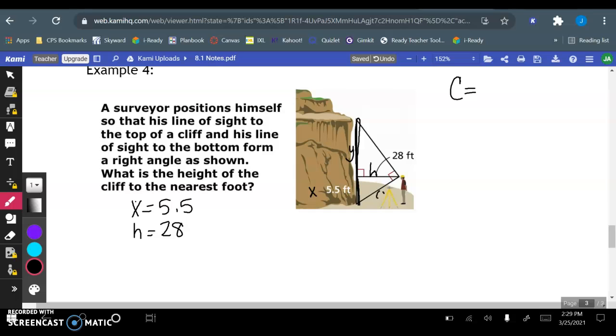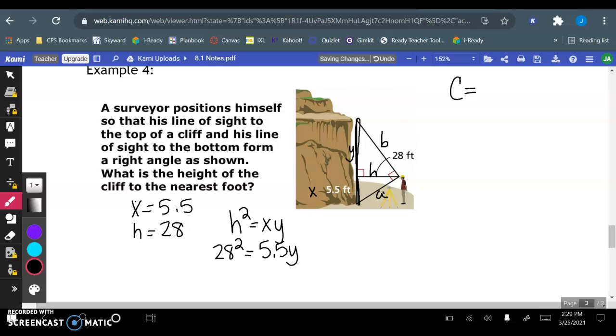Our short leg is A, and our longer leg is B. So we need to figure out what x plus y is. So before we can do anything, we have to figure out what y is, since we already know what x is. And we know h and x. So back in that chart, we can do h squared equals x times y. So h is 28. So 28 squared equals 5.5 times y.